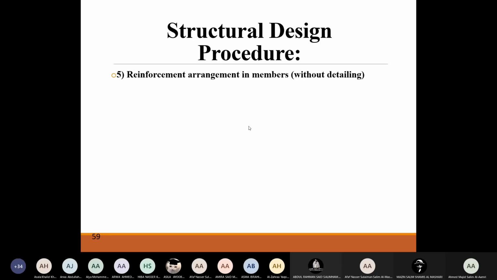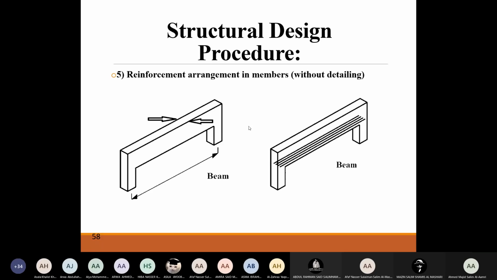For beams, we said one direction only, so we don't have that reinforcement in the other direction, because it only bends in one direction. It's very small to bend in the other direction. A very good example of a beam is a ruler. You can bend it in one direction, you cannot bend it in the other direction.